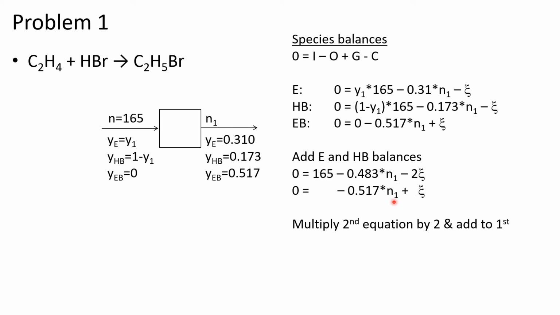What we're going to do is multiply the second equation, the ethyl bromide balance, by 2, and then add it to the first equation here, which we obtained by adding the E and the HB balances. If we multiply this bottom equation by 2 and add it, you'll see that the term involving xi will drop out. That will give us an equation in terms of N1 that we can solve.